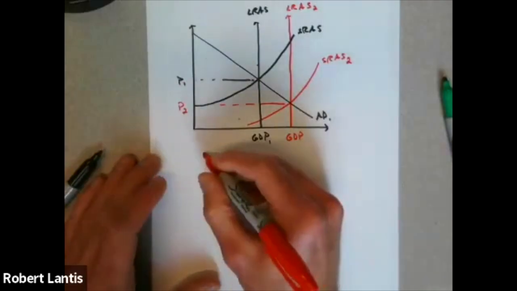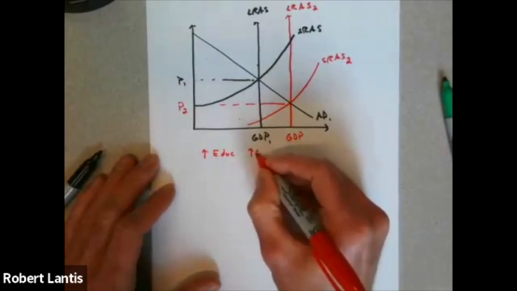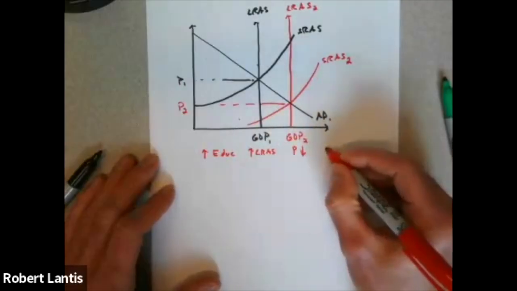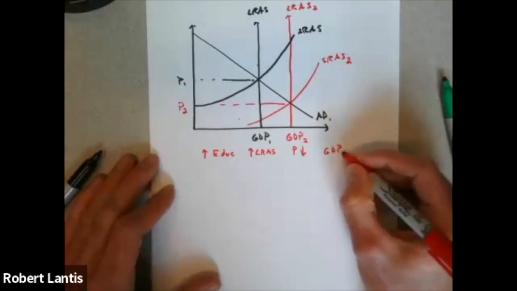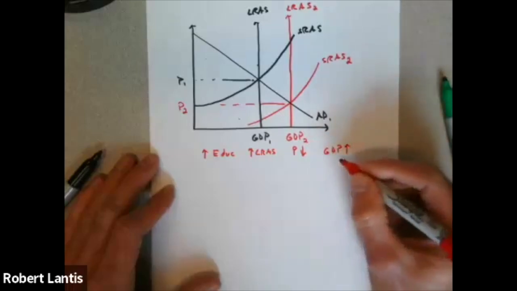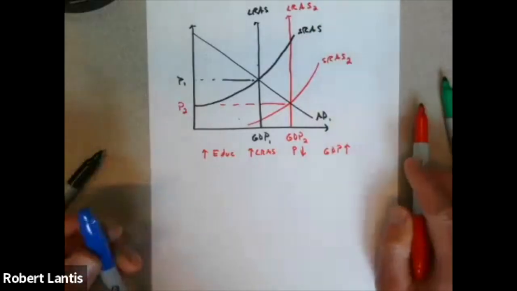Okay. So this increase in education increased long run and short run aggregate supply, which pushes prices down, and my real GDP in the long run to go up. Right? These effects are going to happen in both the short and the long run. Okay.